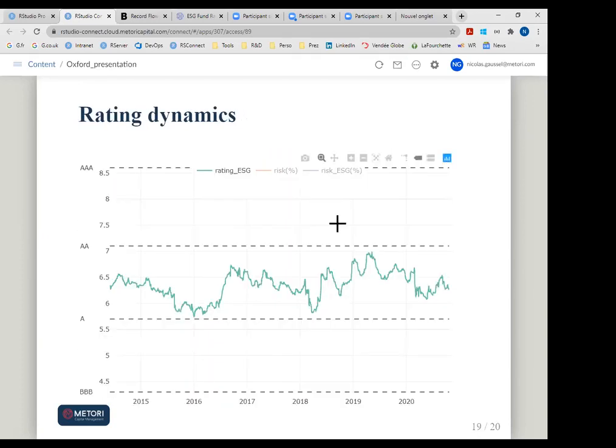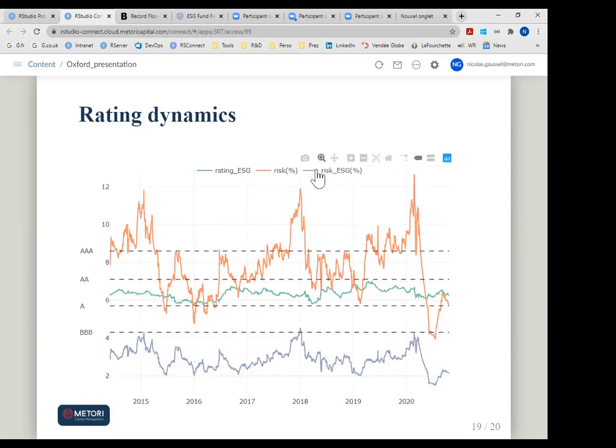And this is the output of the model: whatever the position, we have those three quantities. The orange one is one we are familiar with, which is the volatility of the portfolio. Here we are less familiar: those two, which are the total ESG risk of the portfolio. And then the risk normalized by the total risk would be the ESG rating, or we would interpret it as such.